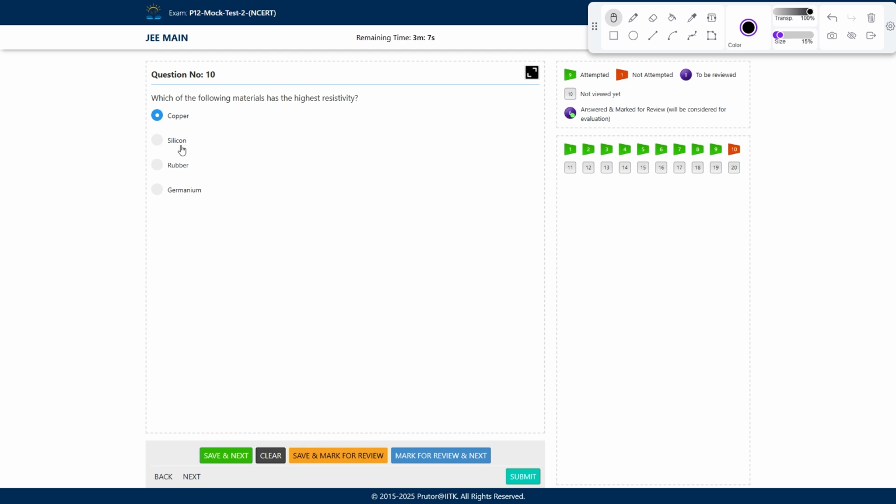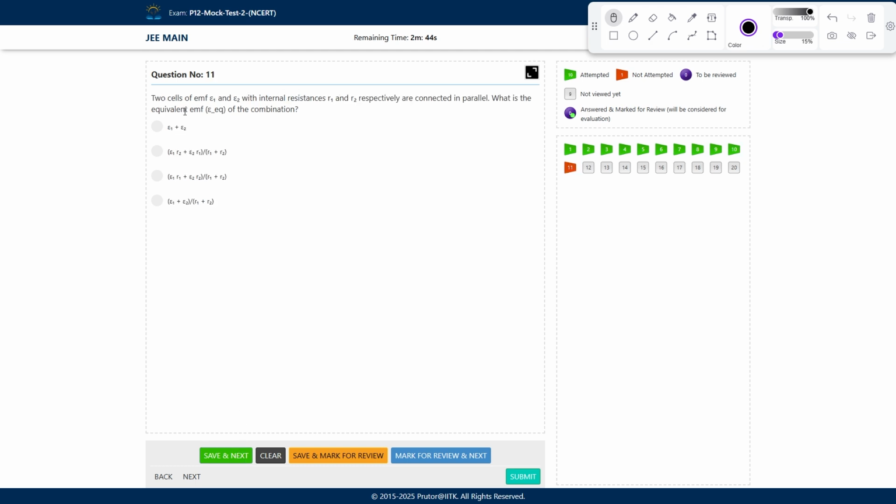Silicon is a semiconductor, so it will have resistivity in between. Rubber is insulator. Germanium is also semi metal. So which material has highest resistivity? Rubber.